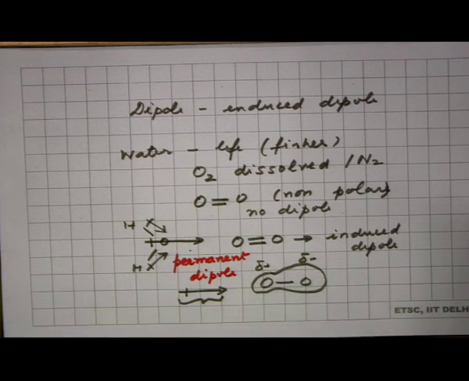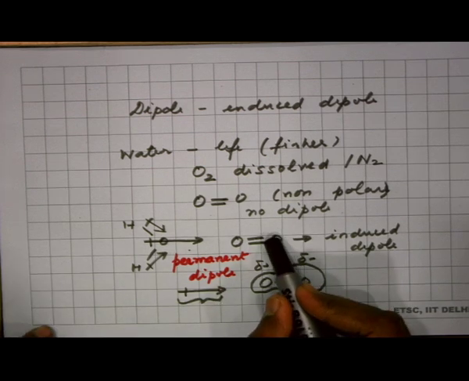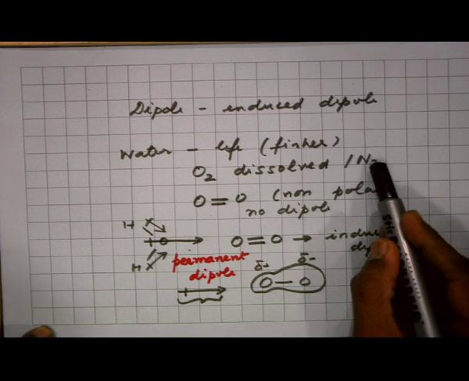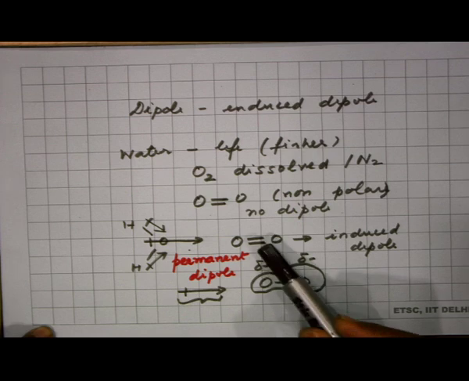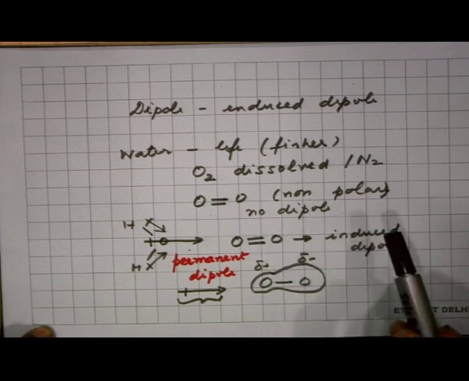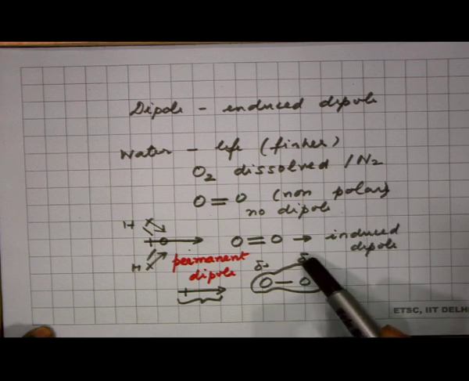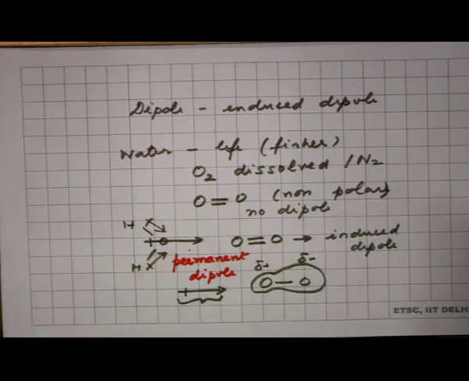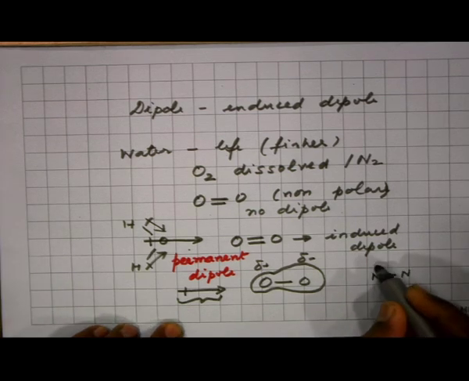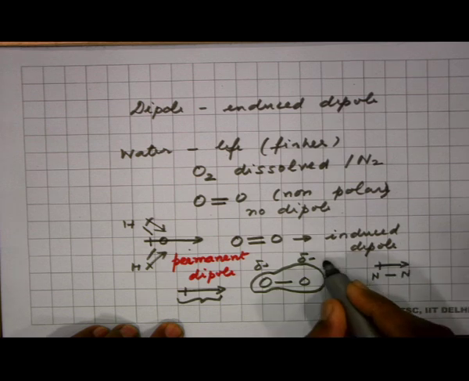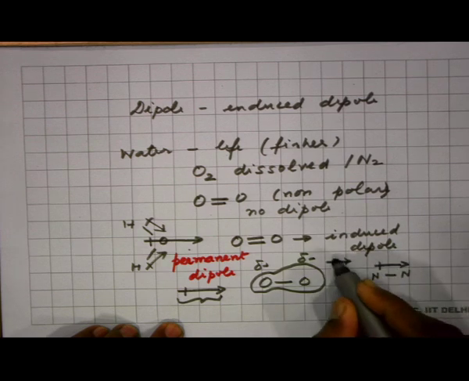So, the next question that we will ask ourselves is, if I took oxygen and if I took nitrogen, does the extent of the dipole created, are they the same or are they different? So, the dipole that is created in oxygen as opposed to nitrogen, we wonder whether this is smaller or bigger, right.